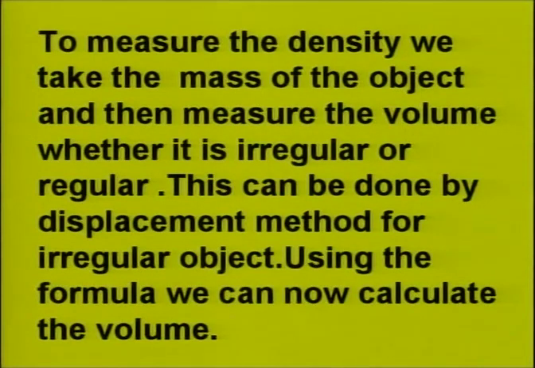Simply put it into a measuring cylinder, and the difference in the reading, the final reading minus the initial reading, gives you the volume. Then you have to change the milliliters to cubic centimeters and then to cubic meters.